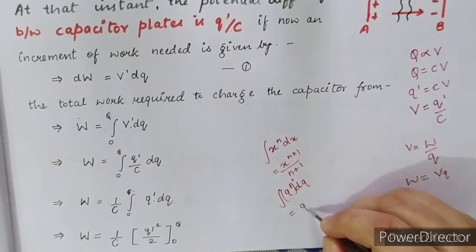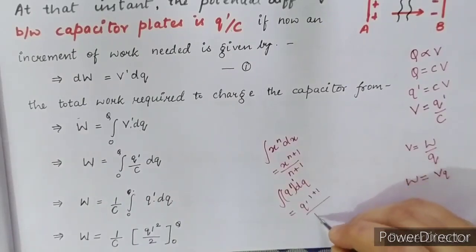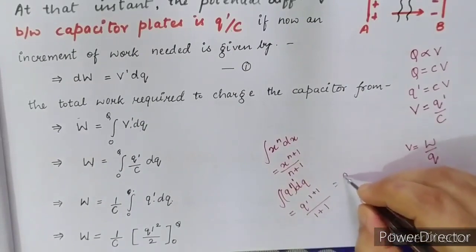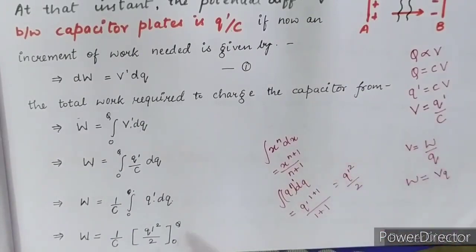Then Q dash to the power 1 plus 1 upon 1 plus 1, which is the square of Q dash upon 2, with limit 0 to Q.